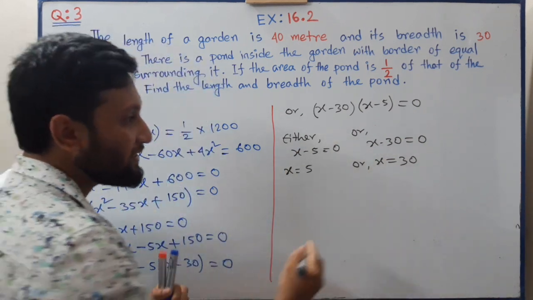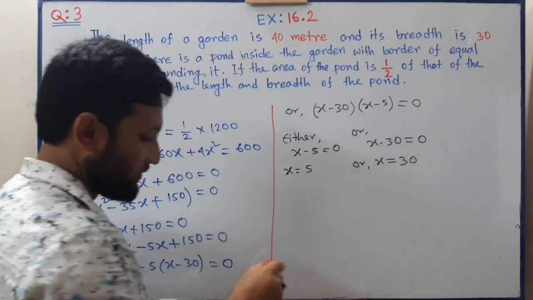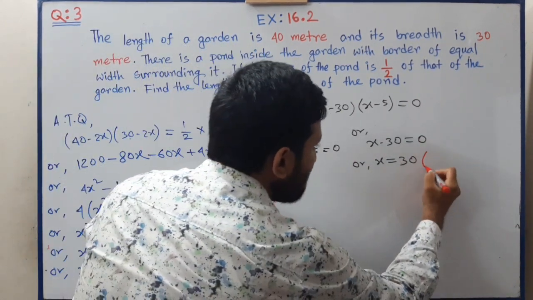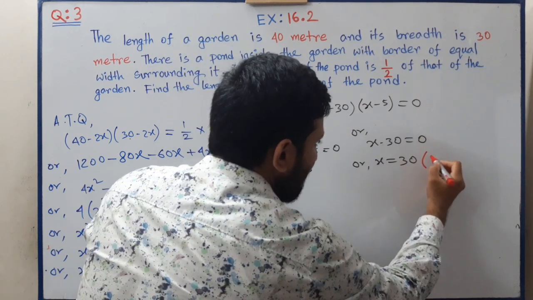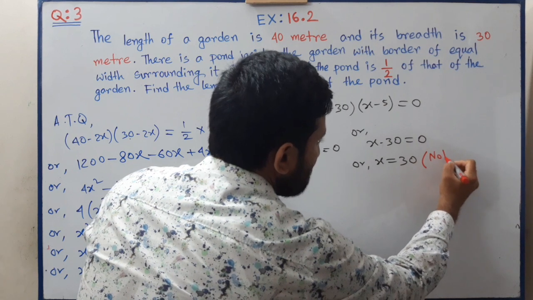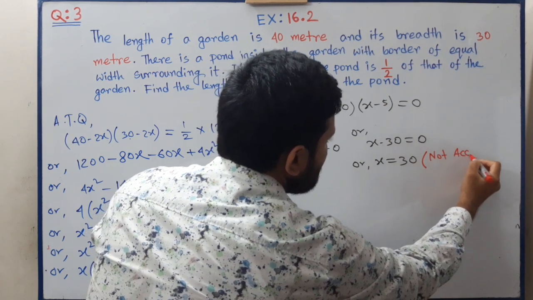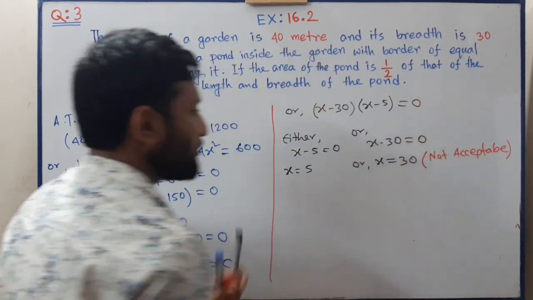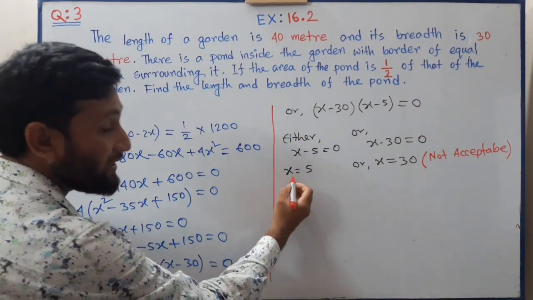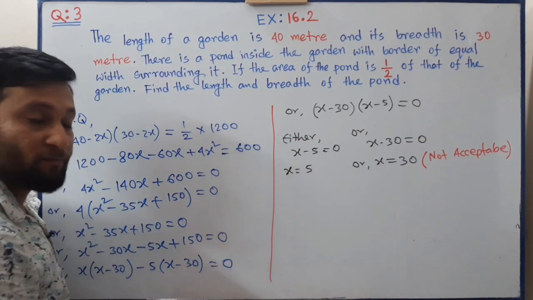So this is not acceptable because the width of the border and the breadth of the garden cannot be equal. So the value of x, that means the width of the border, is 5 meter.